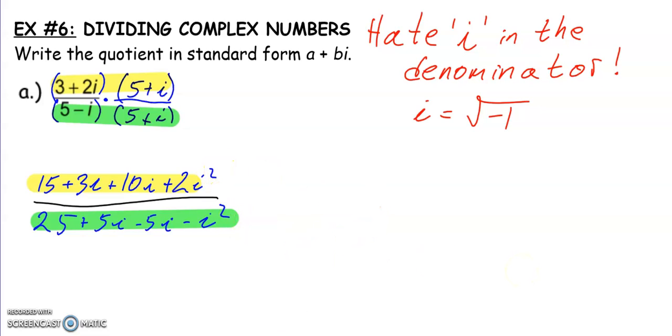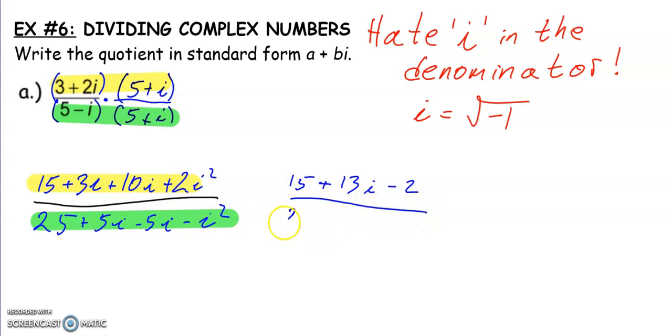So on top, let's go ahead and combine our like terms. So 15 minus 2, let's do it out longhand. 15 plus 13i minus 2. i squared is negative 1. Negative 1 times 2 is minus 2.